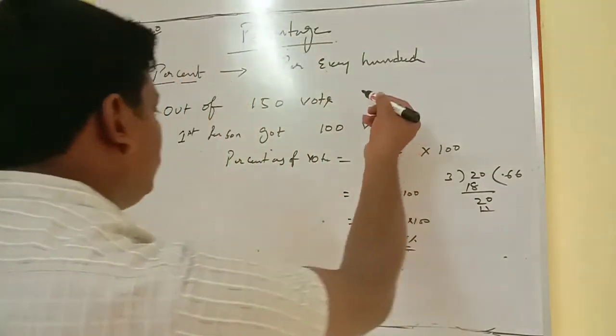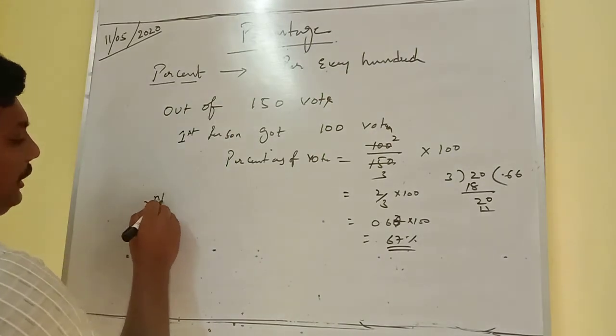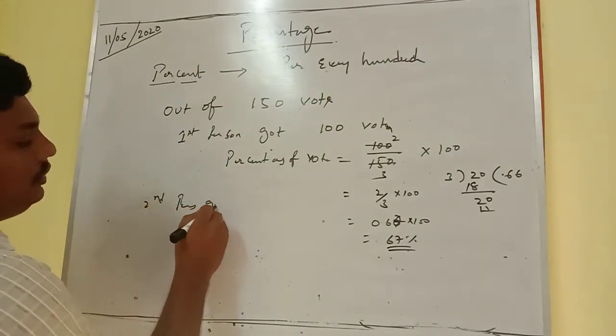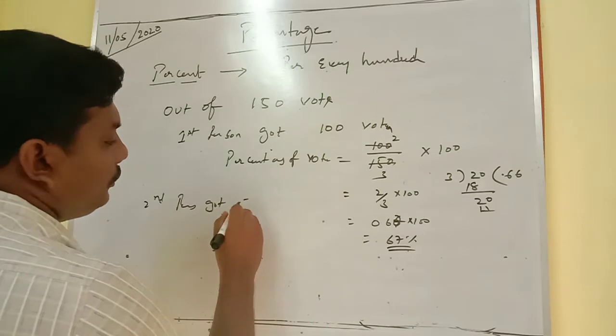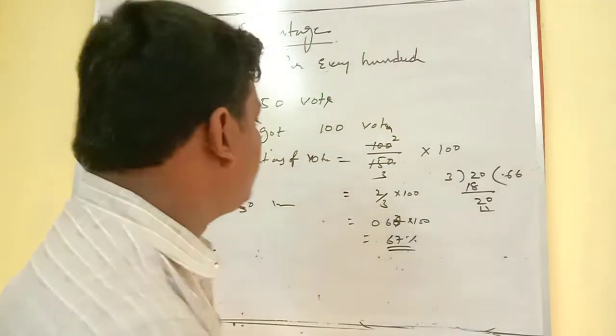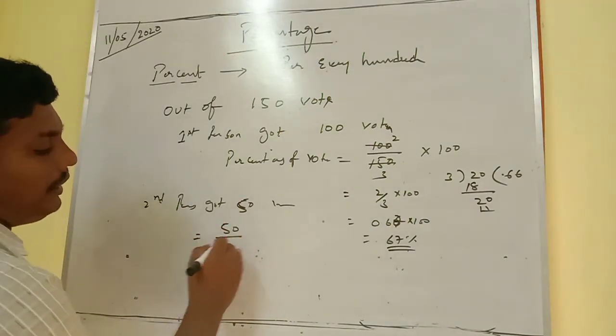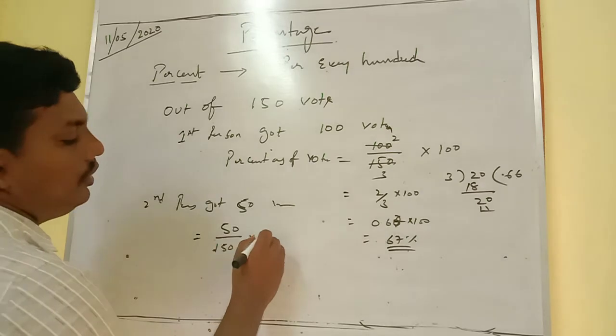So the first person got 67% of votes. Then the second person got 50 votes. How much percentage did he get? The percentage of votes is equal to obtained by total into 100.